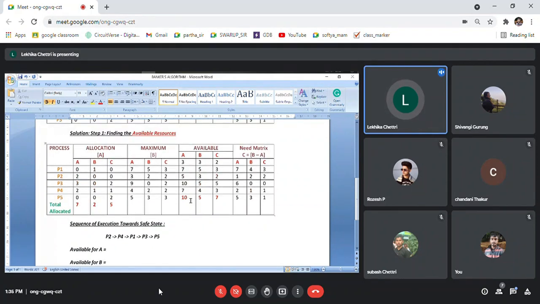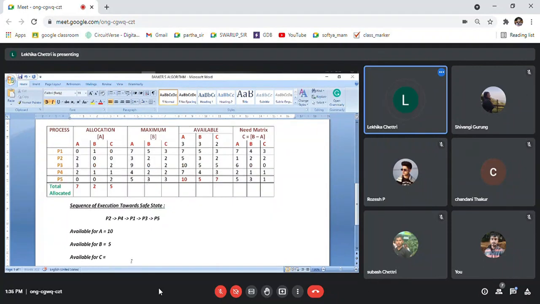Now I have with me 10 available after all the processes returned all the resources they had consumed. Okay. So what is available from A? 10. What is available from B? 5.